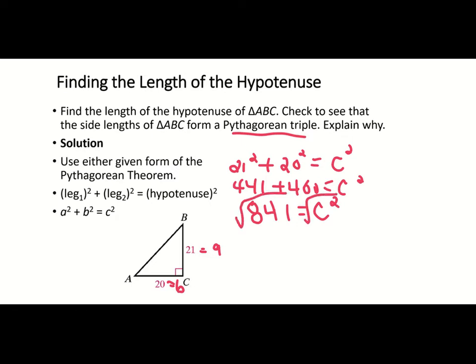So if I take the square root of 841, I end up with 29 is equal to c, not c squared. This is a Pythagorean triple because my two sides are whole numbers, 21, 20, and then my hypotenuse is also a whole number, it's 29. So it is considered a Pythagorean triple.